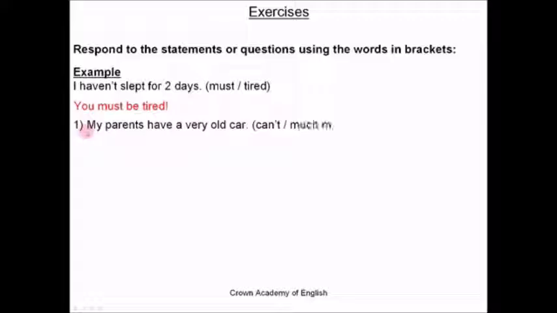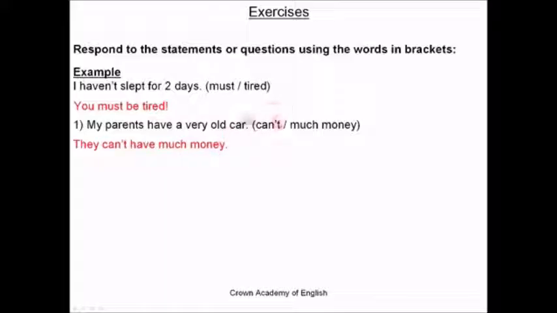Question 1. My parents have a very old car. So I'll give you just a few more seconds to think. Okay, so the answer to this one would be, they can't have much money.